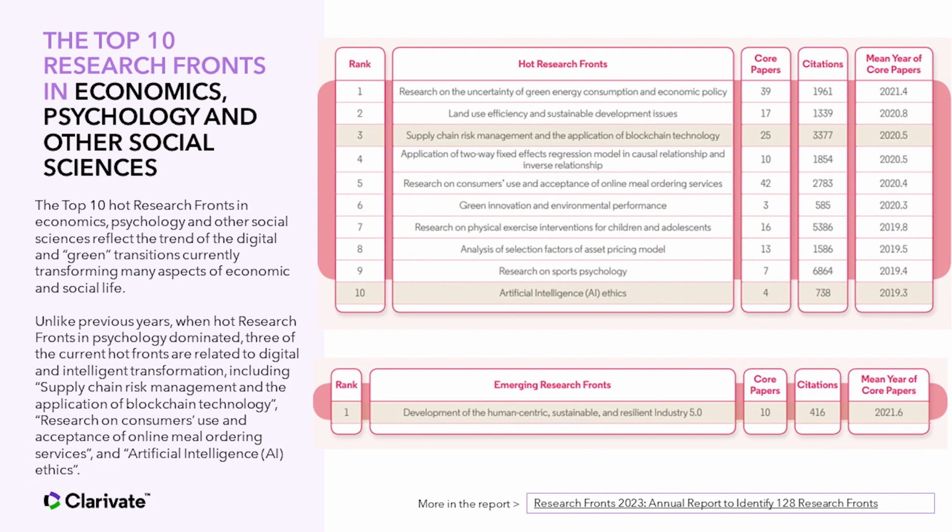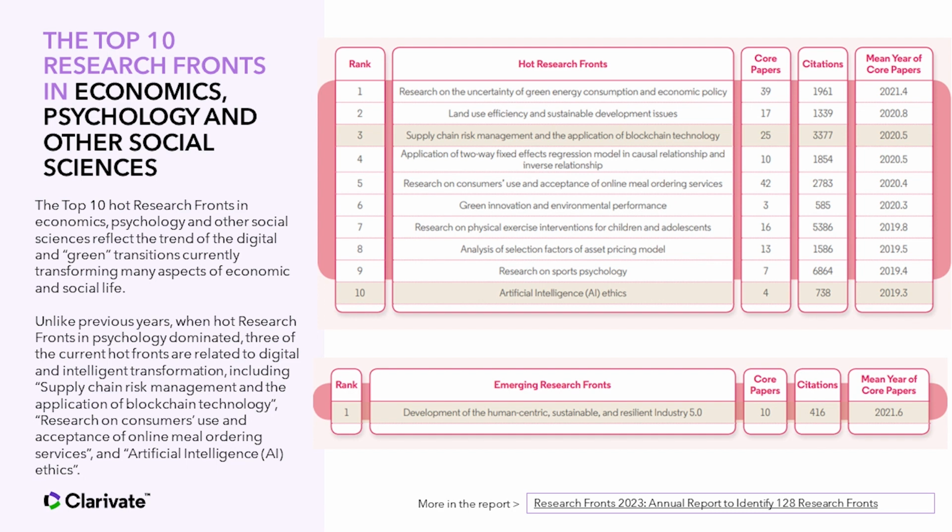All right, so let's have a look at something more into economics, social sciences. Supply chain, risk management, and the application of blockchain technology. Very interesting. You have the logistics area, supply chain, and then you have the technology, blockchain. So something interesting here is these two topics. For example, AI ethics, that's obviously something that is trending, relatively new.